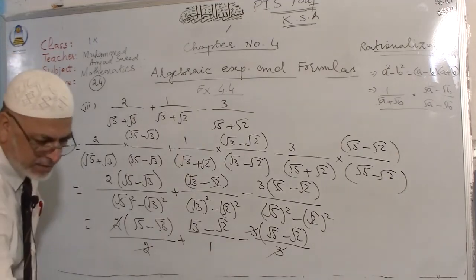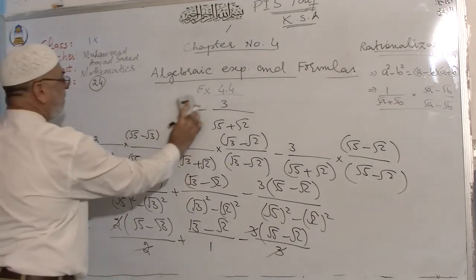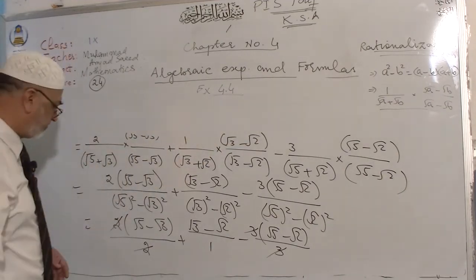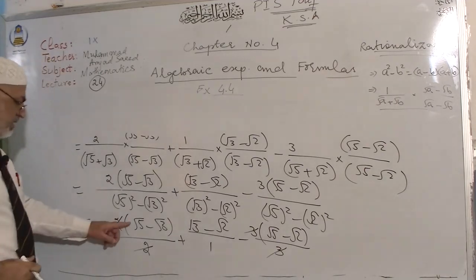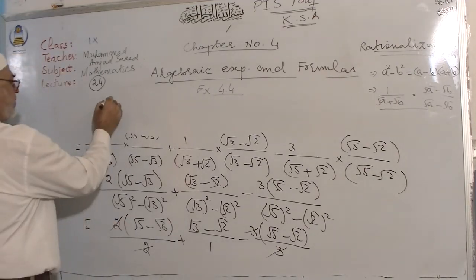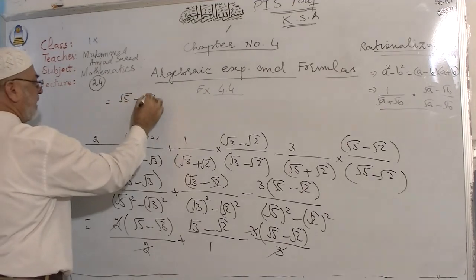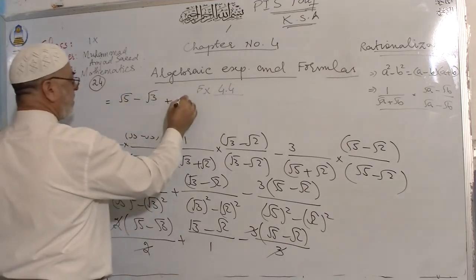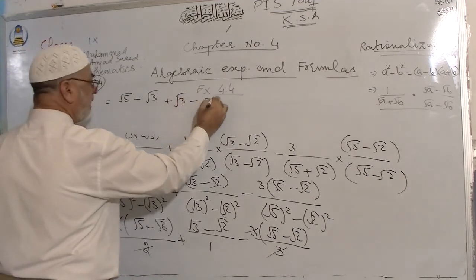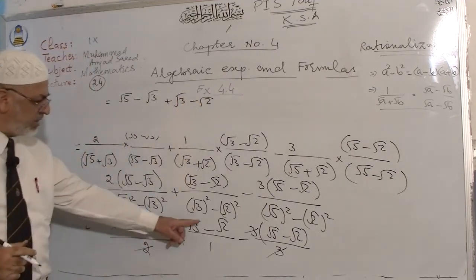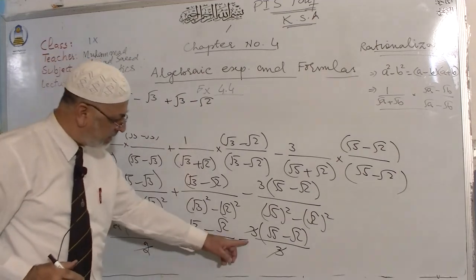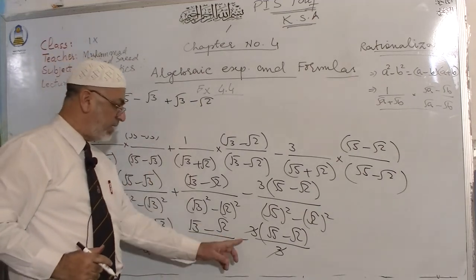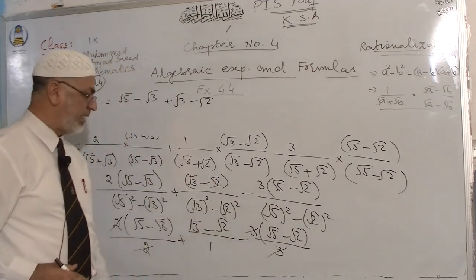And after that, we can write down what is left. Root 5 minus root 3 plus root 3 minus root 2 plus root 3 minus root 2. And here there is a negative sign outside. Open the bracket, change the sign.